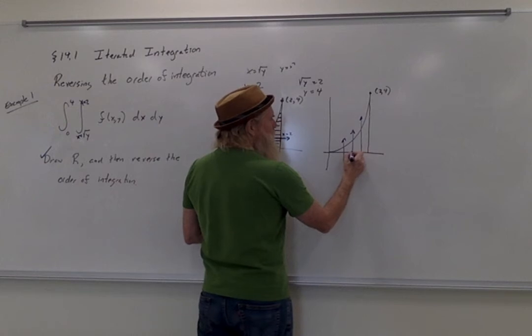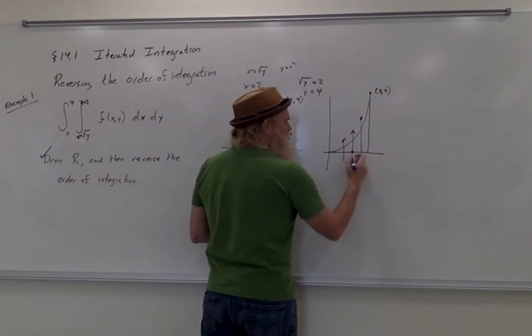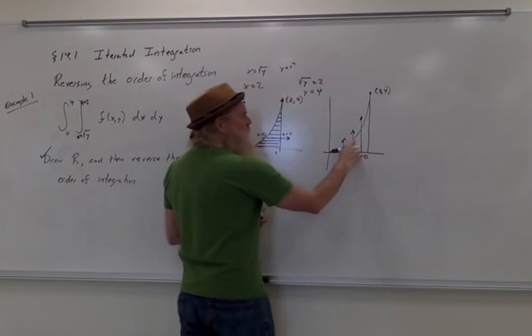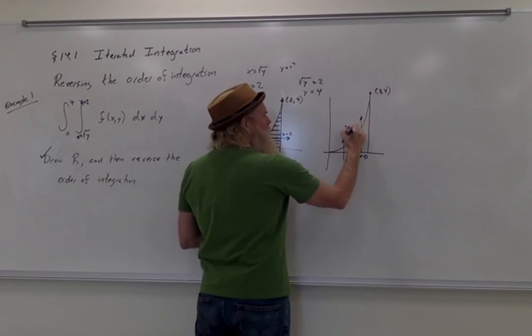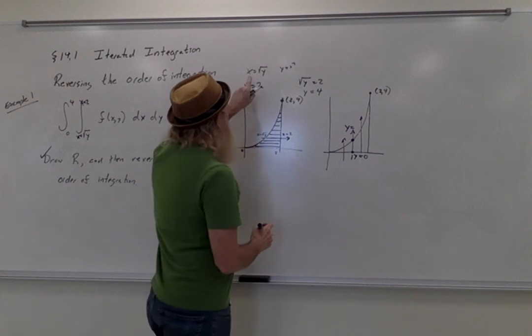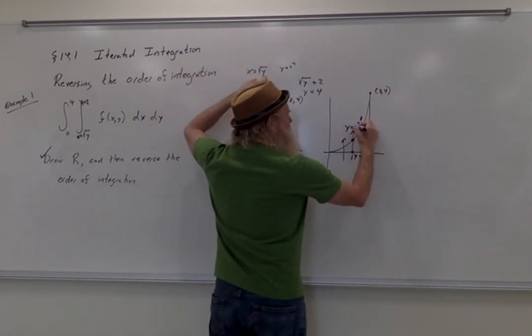Well, notice now I'm entering on the x-axis, which is the same as y equals 0. And I'm exiting on the parabola, but I'd like to write the parabola in the form y equals something. Well, if x is the square root of y, then y equals x squared.